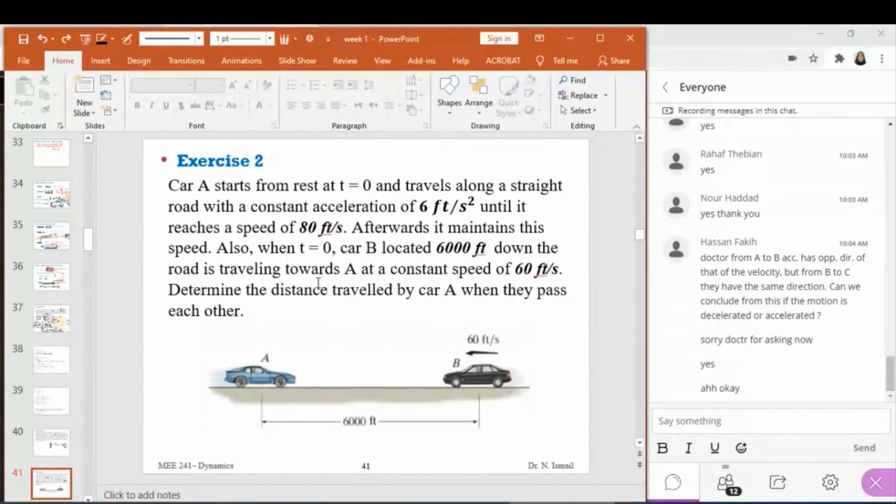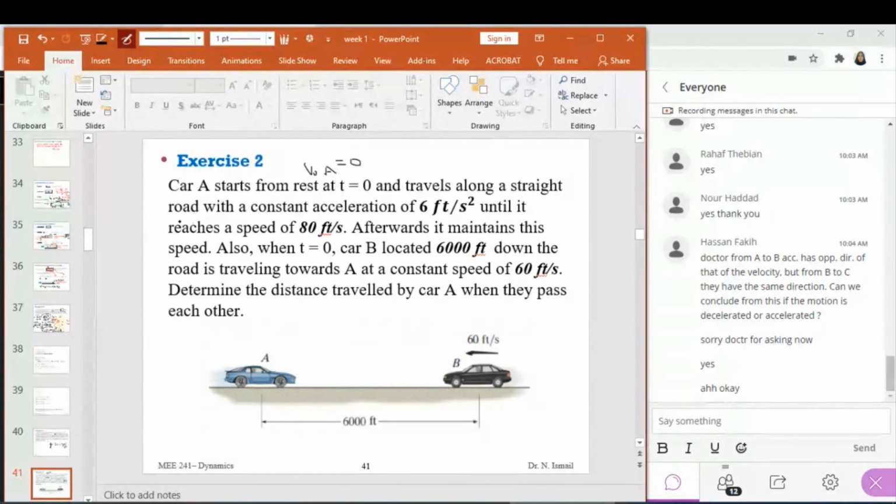Okay, so guys, in this example, we have to know what is the distance traveled by car A so that it will intersect car B, knowing that A starts from rest at t equals 0. What does this mean? So V0A is equal to 0.